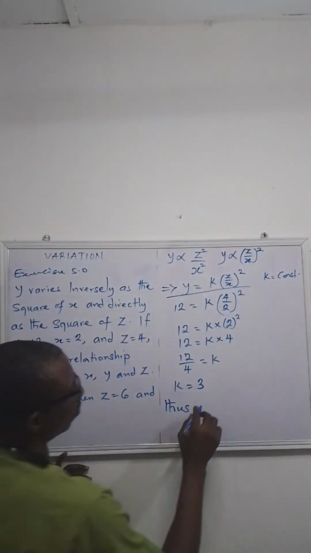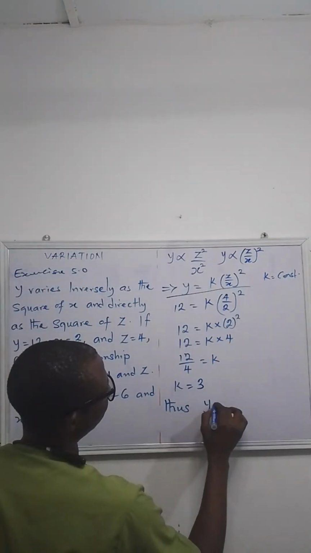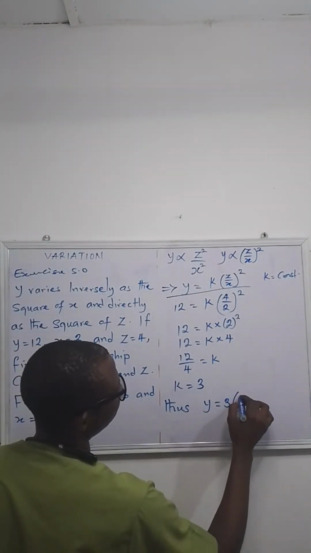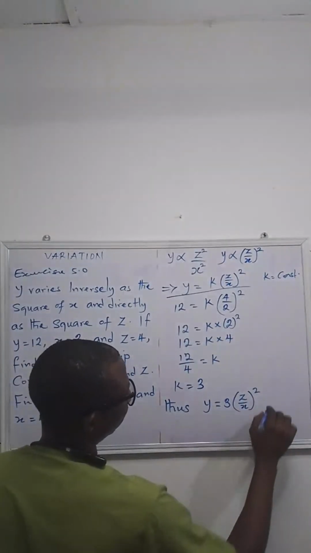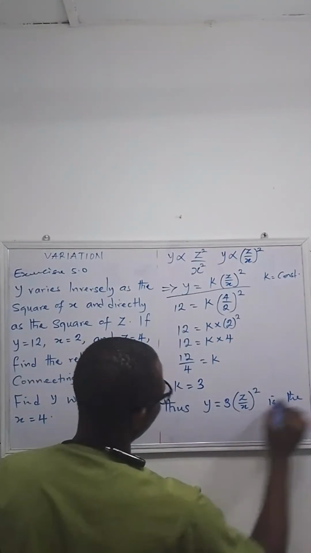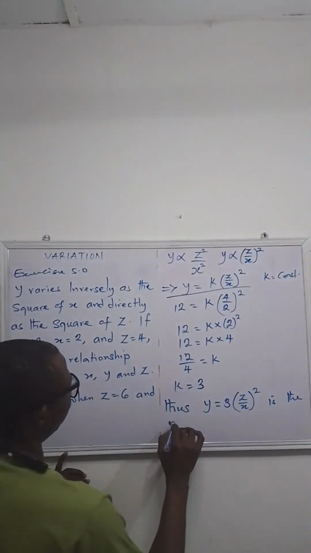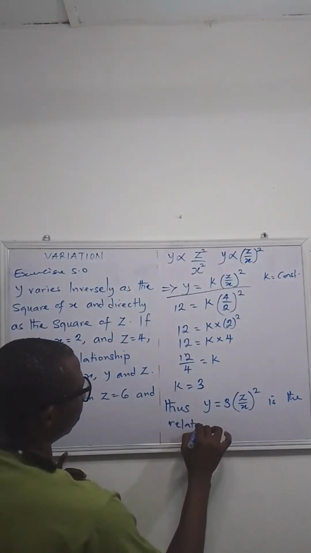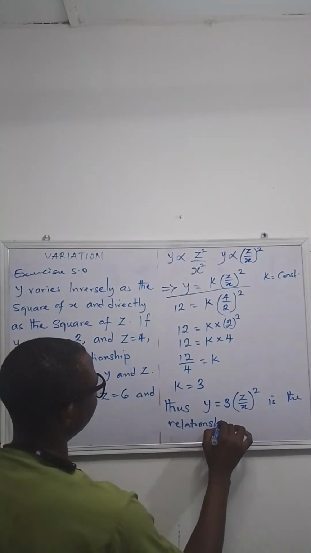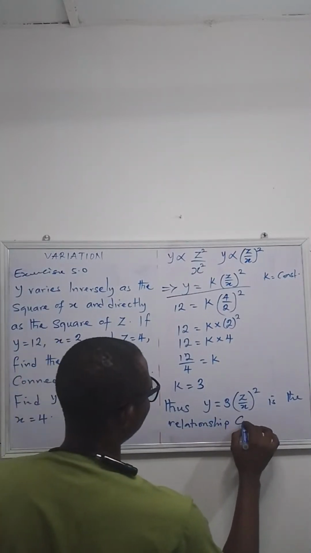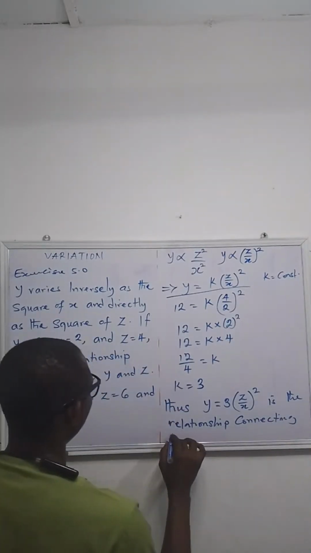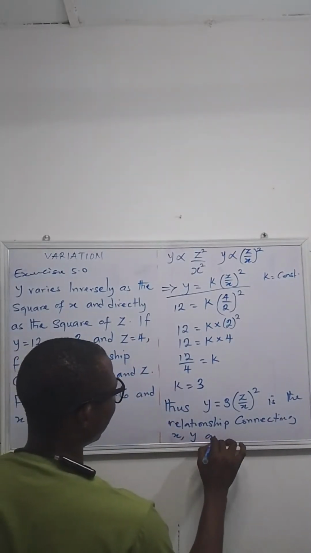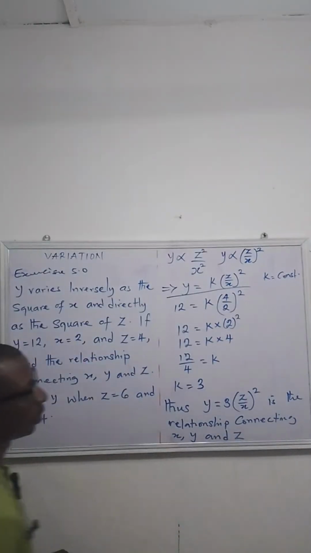So we have y equals 3z over x squared is the relationship connecting x, y, and z. Okay.